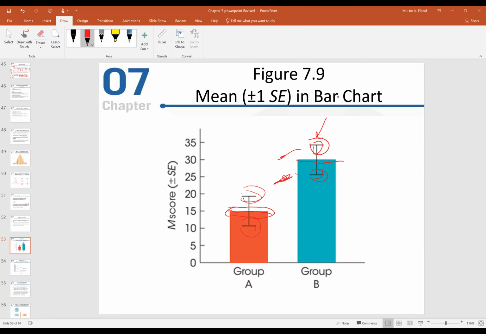However, if the error bars overlap and the overlapping region does not include the means of the samples, then there is strong evidence of the population being similar or different.